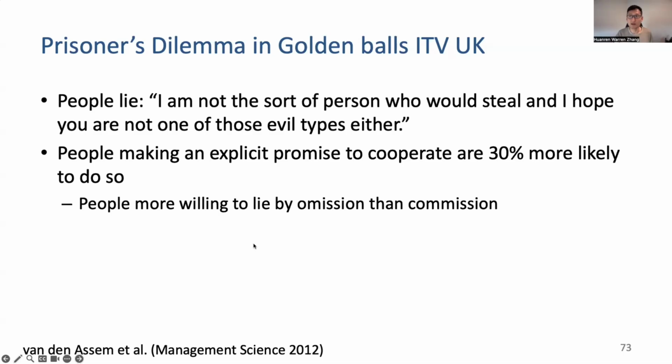When they have decided to steal, they would use different ways of framing, like "I'm not the sort of person who would steal." They will not make the promise that "I will not steal in this game." So this specific promise is a good signal that the other contestant will not defect.